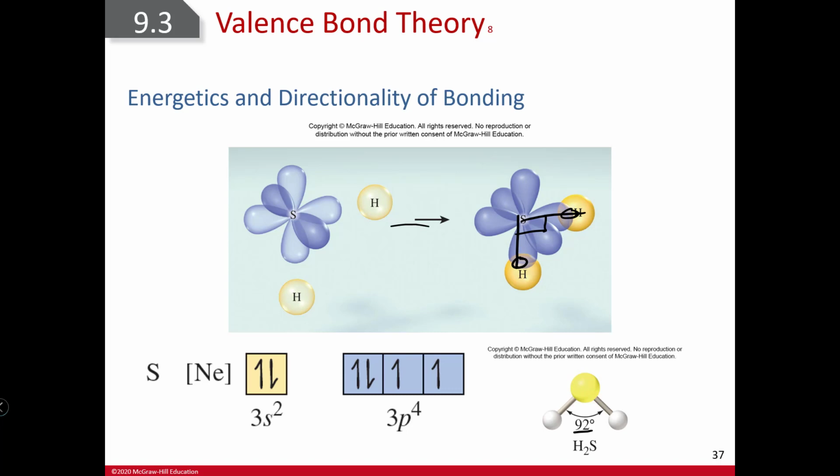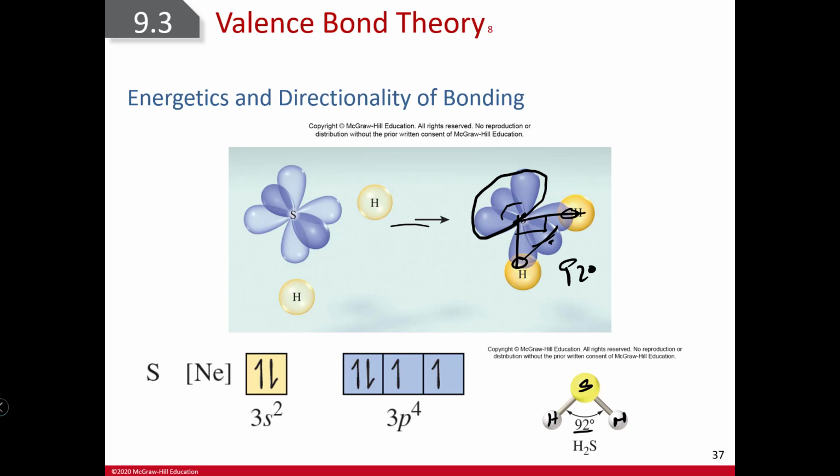The sulfur is in the middle, and the hydrogen is attached here and here. That's pretty close. You get some electron repulsion here that makes this angle open up a little bit, to 92 degrees.